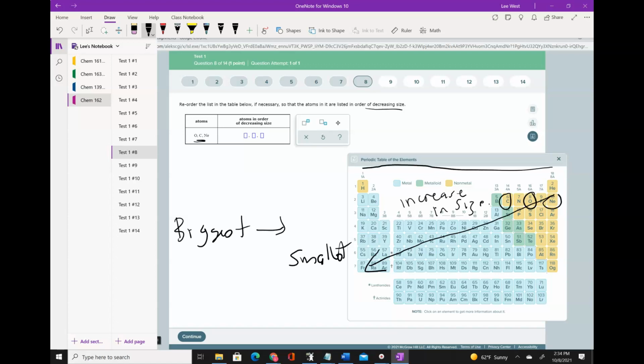So we just have to remember that they get bigger as you go that way, and they get bigger as you go that way. So as these guys are all in the same row, we know that the order is going to be carbon, oxygen, neon. Carbon, oxygen, neon. Okay, there you go.